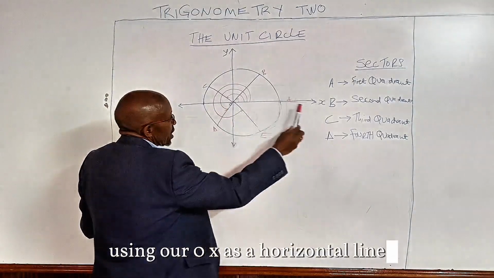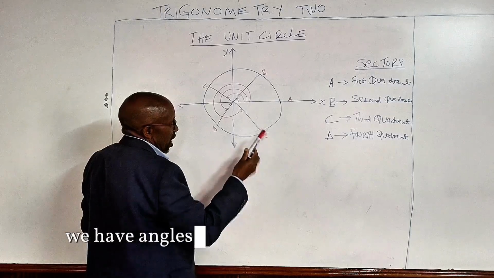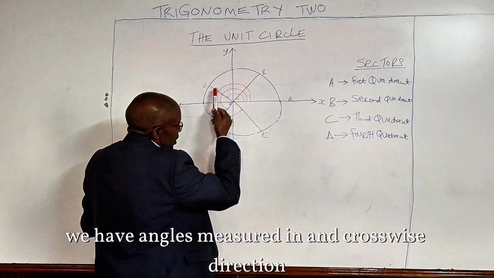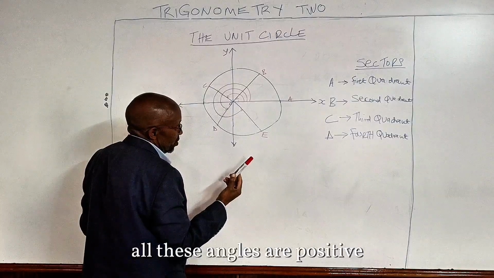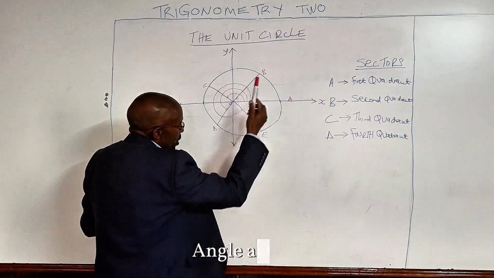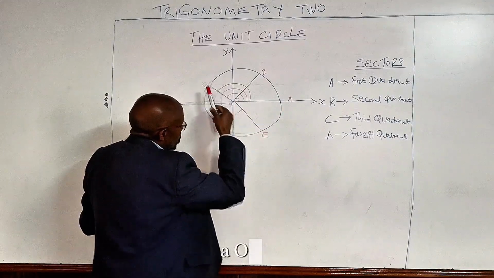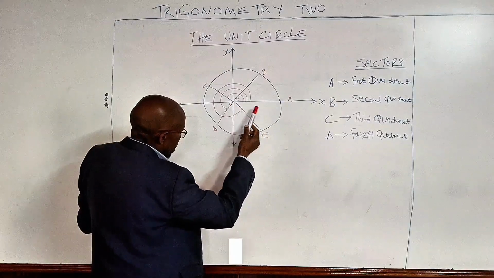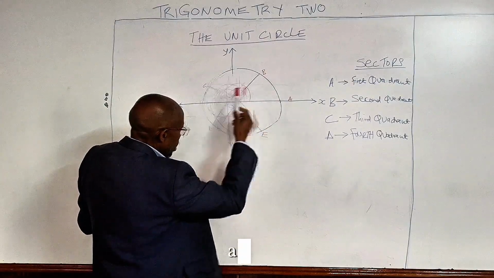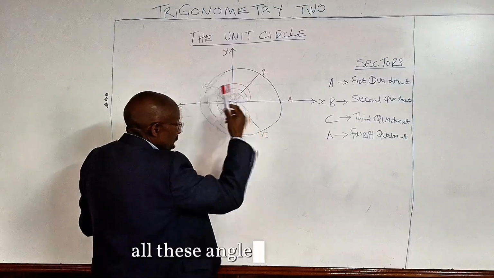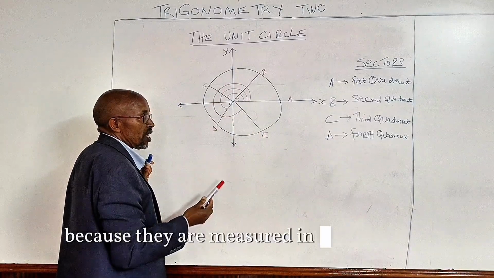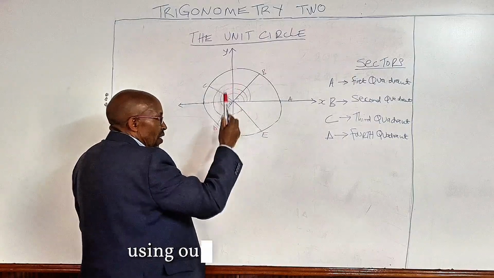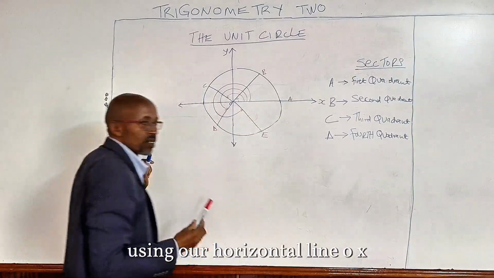Using our OX as the horizontal line, we have angles measured in anti-clockwise direction. All these angles are positive: angle AOB, AOC, AOD, AOE. All these angles are positive because they are measured in anti-clockwise direction using our horizontal line OX.